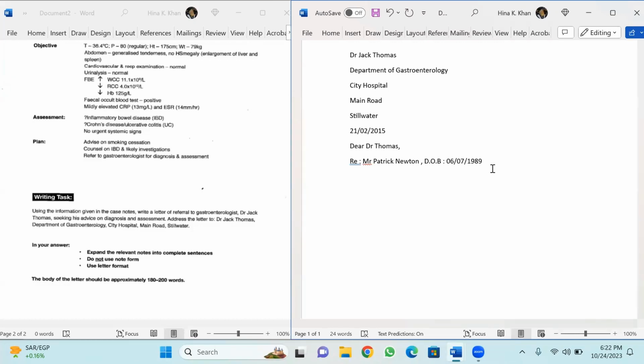And if there is any special request, like if you want the doctor you are referring to carry out some kind of investigation, then you will mention that also in the introduction. So the introduction should be very precise and clear. It should not be confusing.